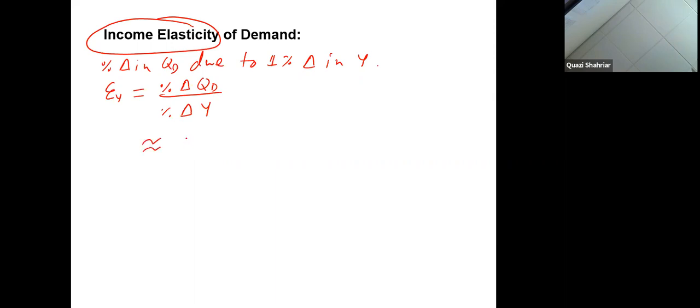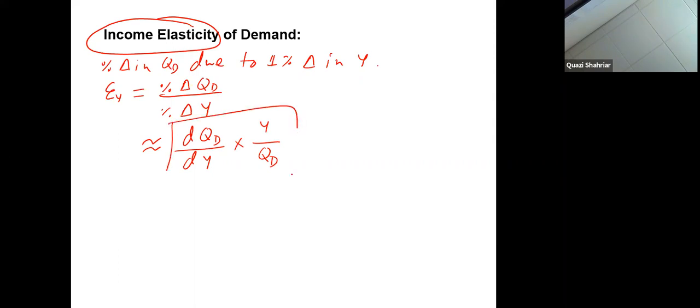The differentiation-based formula will have differentiation of quantity demanded with respect to income, multiplied by income over quantity demanded. I'm going to show you an example where we will be applying this differentiation-based formula. Let me take you to the next slide.